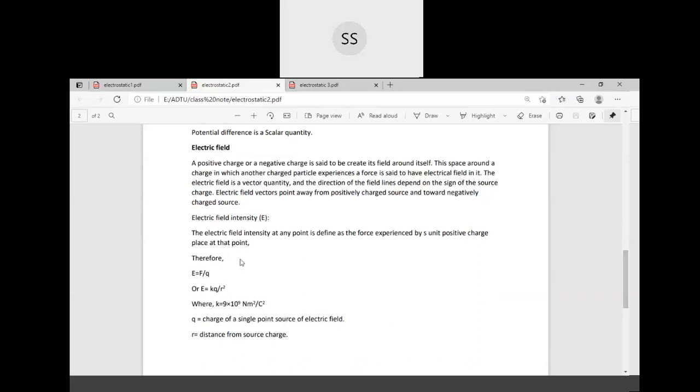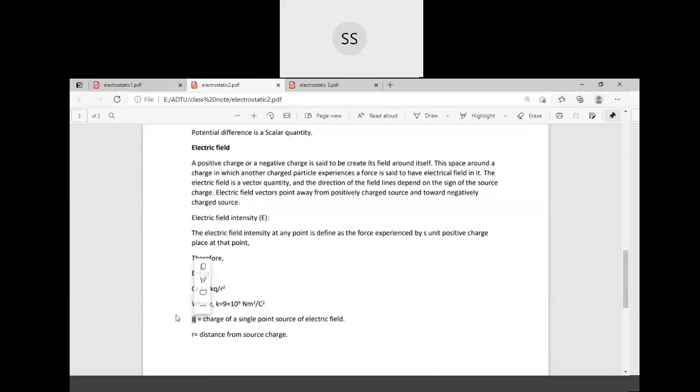So electric field intensity is the force experienced by a unit positive charge at a particular point in that electric field. Since it is the force experienced by the unit positive charge at any point, electric field intensity E equals F divided by Q, or E equals K Q divided by R square. This Q should be capital Q for the source charge.